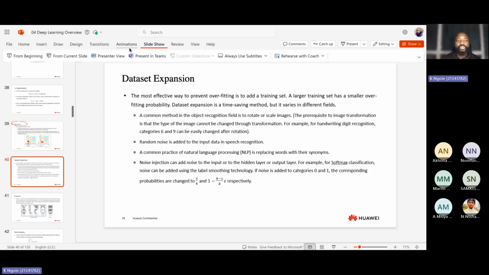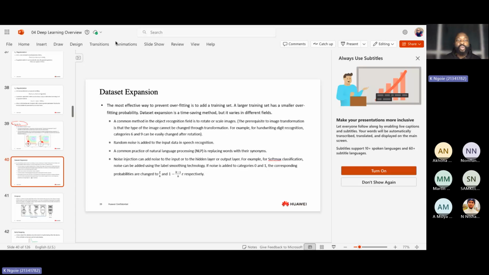What does it mean to transform the data? Sometimes all you need to do to your pictures is change the size and make sure you have all the sizes the same. Or, if you're dealing with an image recognition system, you want to have pictures that are in a different direction, maybe upside down.